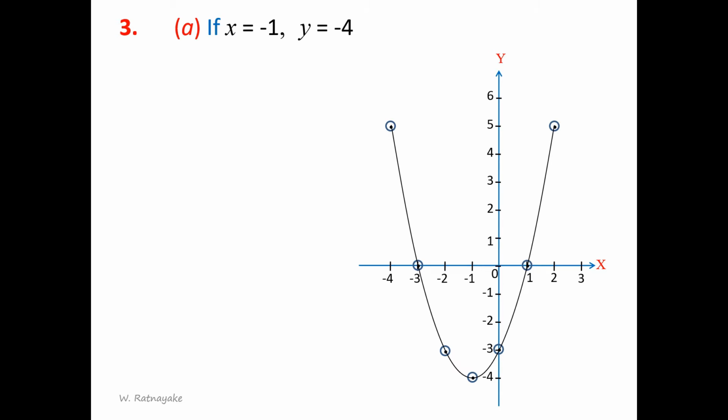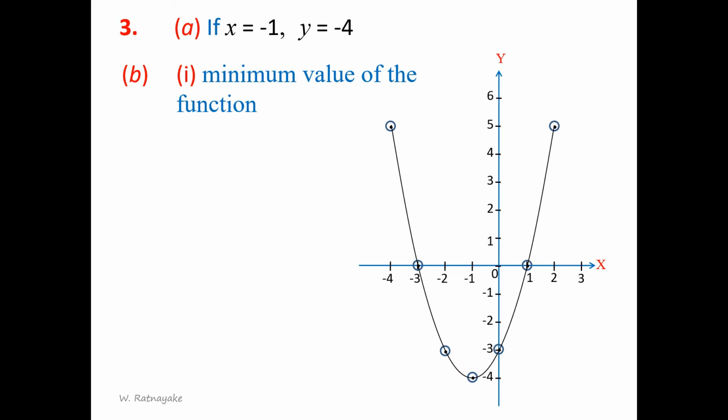The first one is to find the minimum value of the function. Function is the value of y. In the equation, y equals a quadratic expression including x. That part is y, that is equal to the function. So if you are asked to find the value of a function, always we have to find the corresponding value of y.